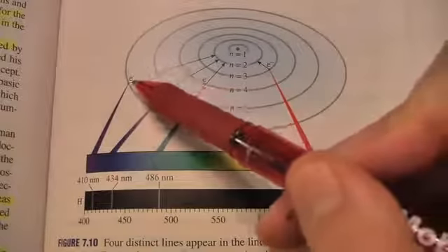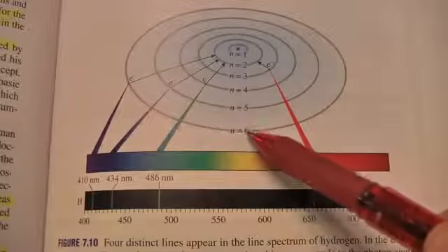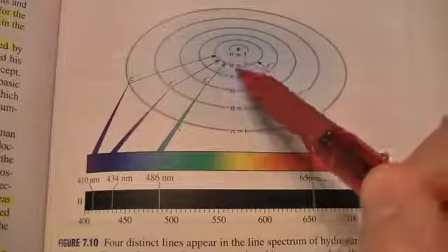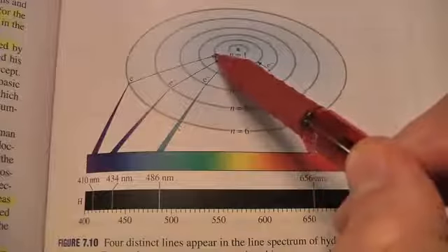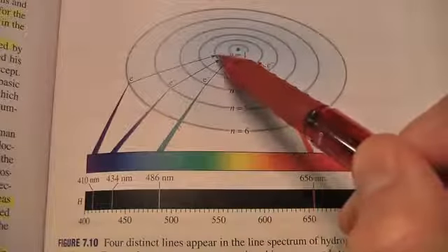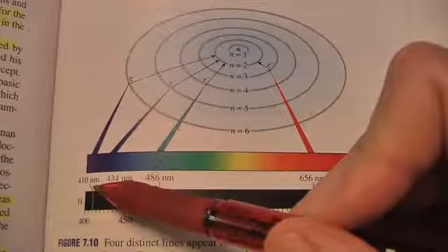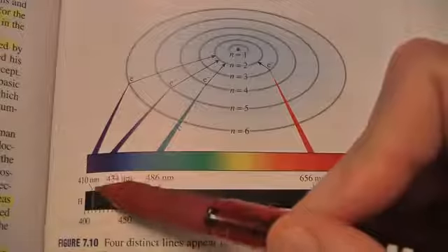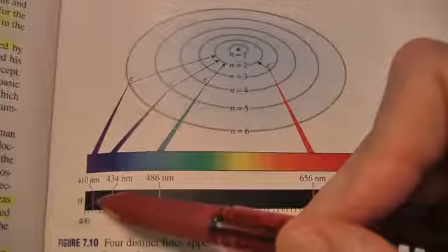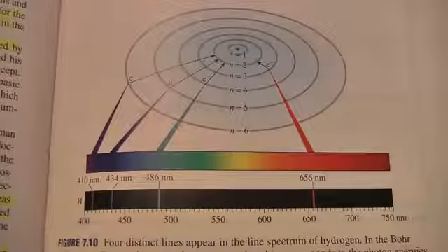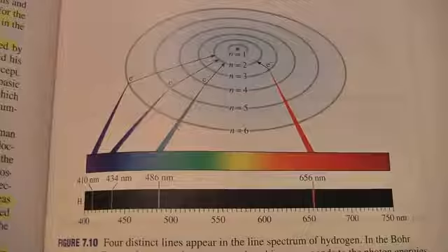Every time the electron goes from n equals 6, this orbit, down to n equals 2, that orbit, it will emit visible light, and it will emit it at 410 nanometers. That's the wavelength. If you know the wavelength, you can find out the energy released. The light it emits always has the same amount of quantized energy, wavelength, and frequency.